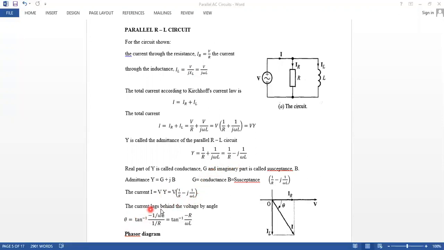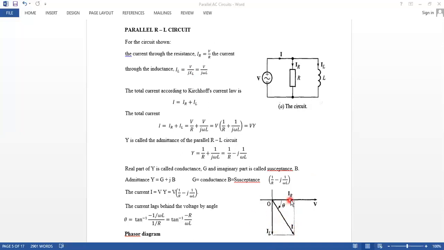If you observe this expression, IR is a component which is in phase with V and IL is the component which is 90 degrees below V. Sorry, IL lags V by an angle of 90 degrees, and V leads IL by an angle of 90 degrees. So the vector sum of IR and IL is given by I.